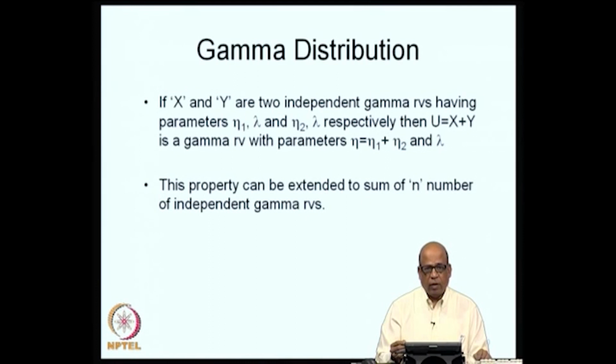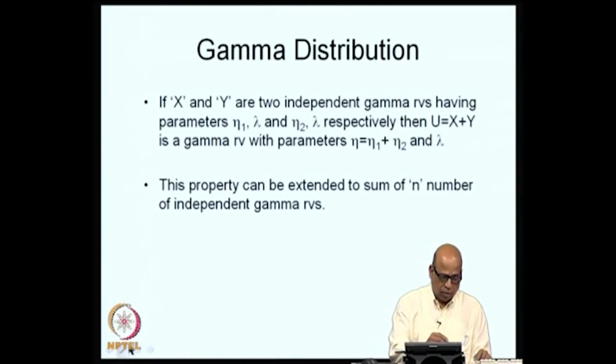Now, this becomes a very interesting and elegant property of the gamma distribution, and this can be extended to n number of independent gamma random variables. What we mean by that is that if x 1, x 2, x 3 etcetera up to x n all follow gamma distributions with the same scale parameter lambda, but with varying shape parameters eta 1, eta 2, eta 3 etcetera up to eta n, then the sum x 1 plus x 2 plus x 3 etcetera plus x n follows the gamma distribution.